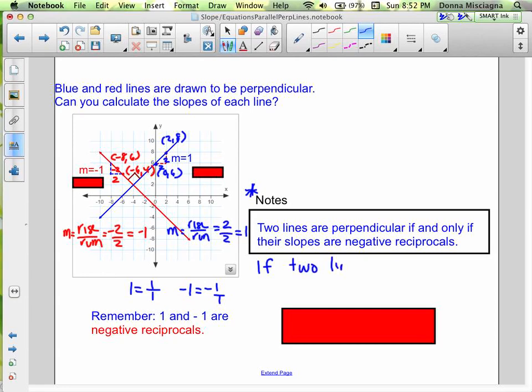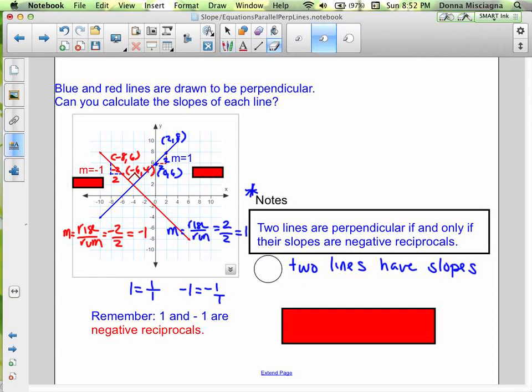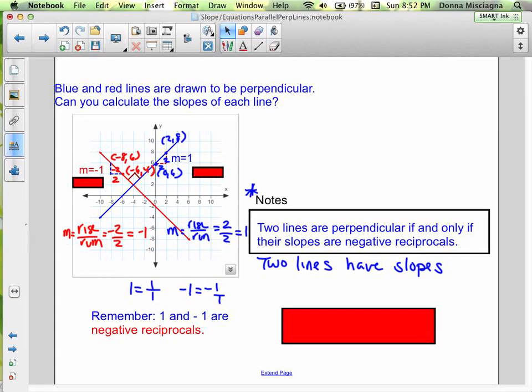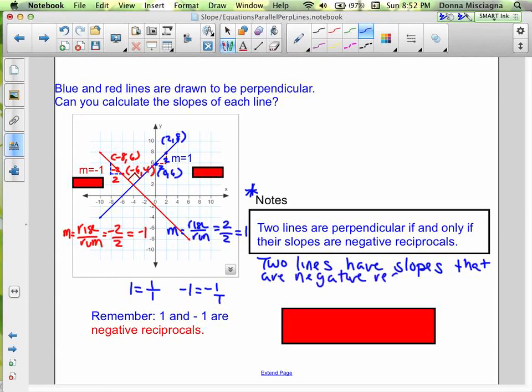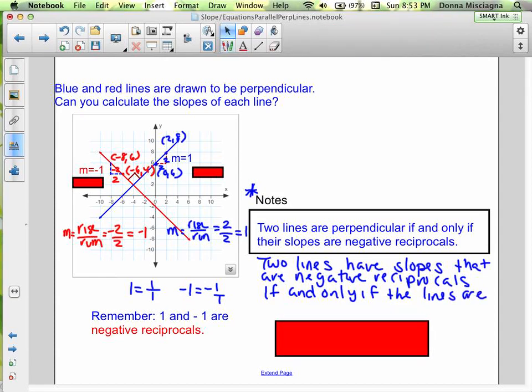Two lines have slopes that are negative reciprocals if and only if the lines are perpendicular.